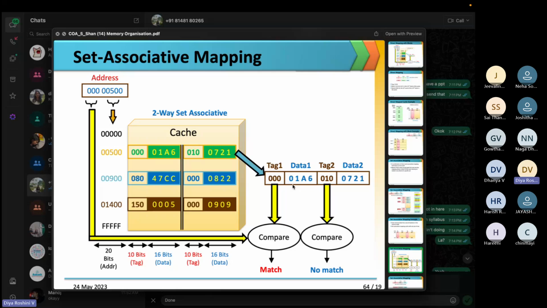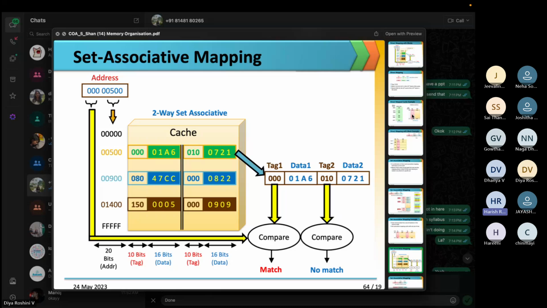And if your set consists of all the blocks of your cache, if you create the cache into one whole set, it becomes associative, because you're going to compare your tag with every other tag in the cache. So set associative is the hybrid of direct and associative. Was this clear or is it confusing?